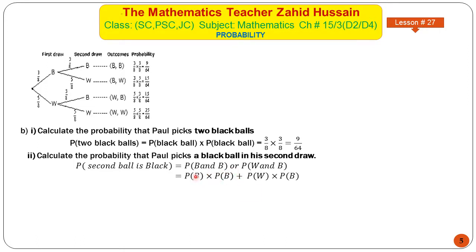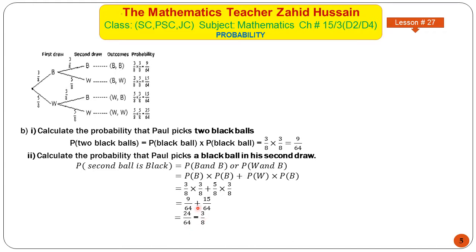The probability of the first black ball is 3 by 8, and the probability of the second black ball is again 3 by 8. The probability of the first white ball is 5 by 8 and the probability of the second black ball is 3 by 8. So we multiply and add these probabilities and we get 24 by 64, and after simplifying we get 3 by 8.